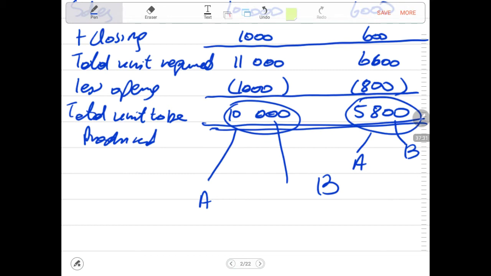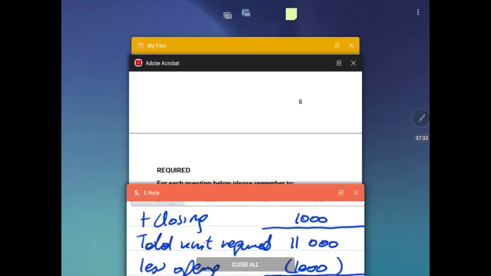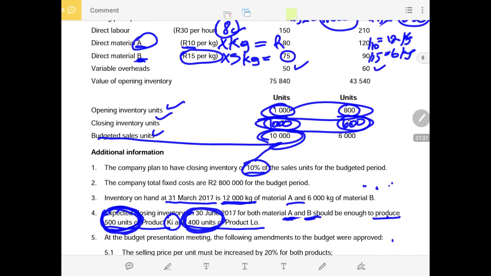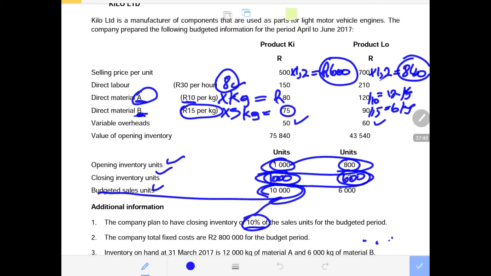So now let us look at the kgs that are required to complete one unit, which we have looked at already. We said material A to produce product KI, we need 8 kgs. And material B to produce product KI, we needed 5 kgs.